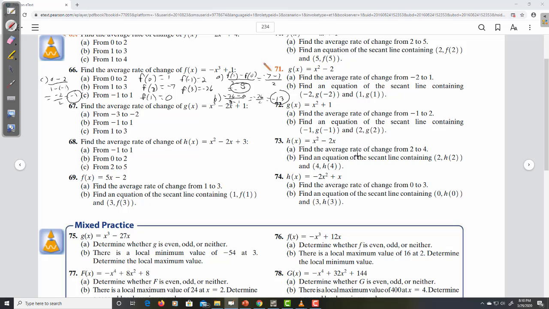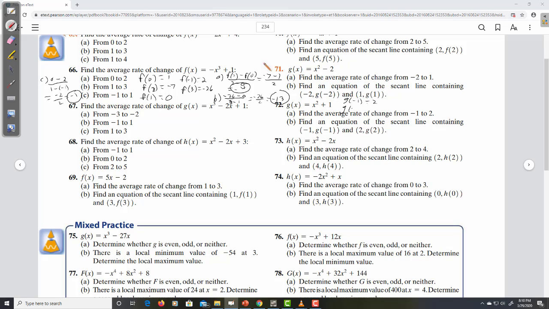Only other type of problem they might give you is something like this. This is really the same thing, though. In 72, they have this function, x squared plus 1. They want you to find the average rate of change from -1 to 2. Well, if you look at that, g of -1 would be 2, because -1 squared is 1, plus 1 is 2.